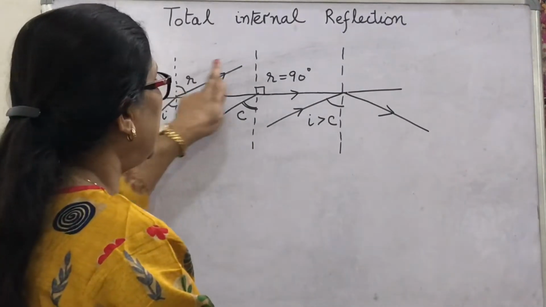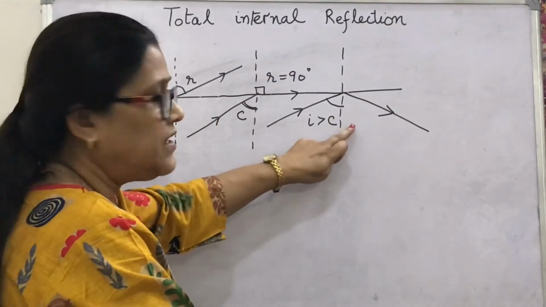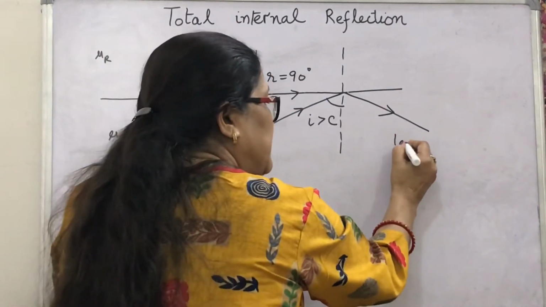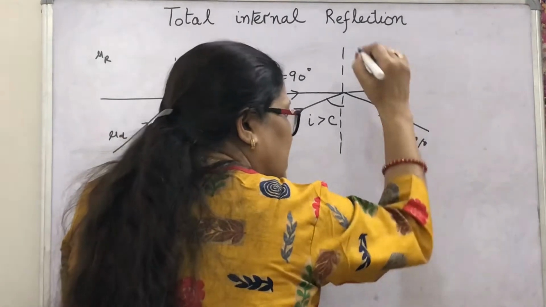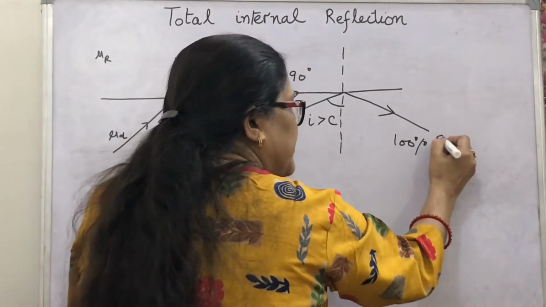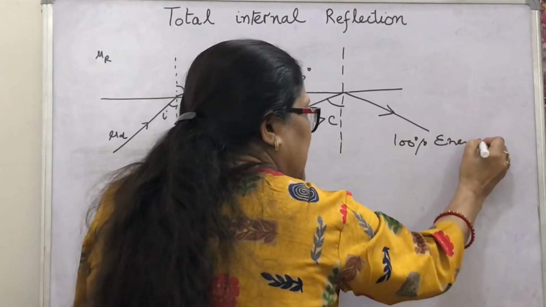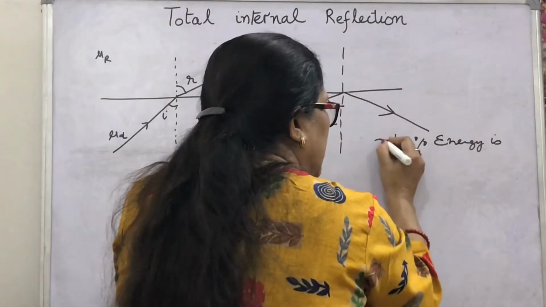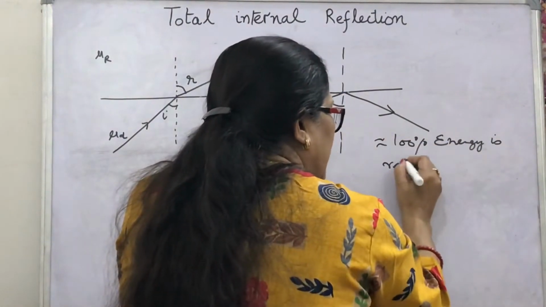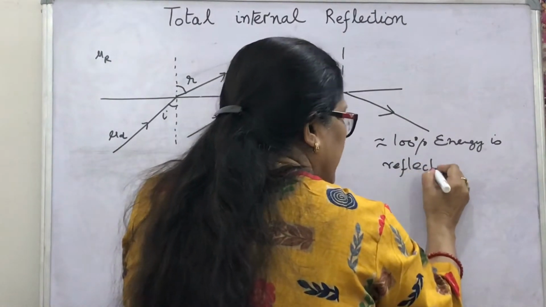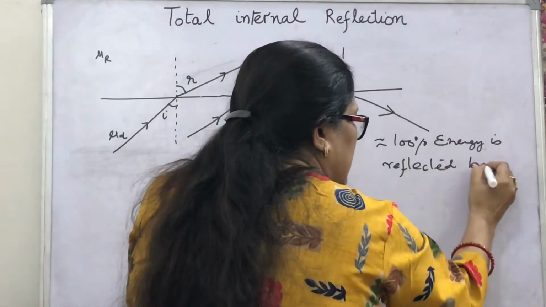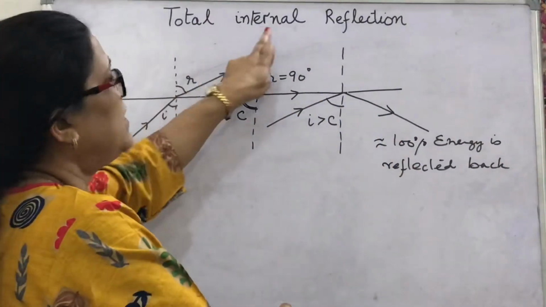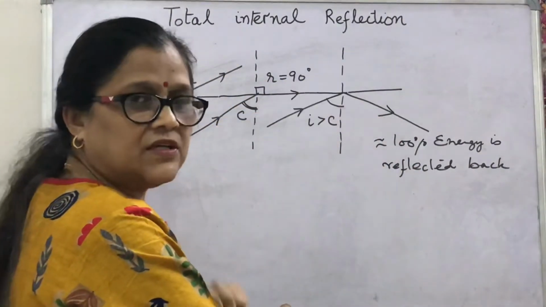All this here is refraction, but here reflection. And 100% energy, almost 100% energy, is reflected back in the denser medium. That's why this is called total internal reflection.